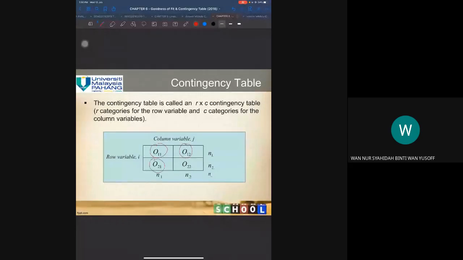So in the two-way ANOVA, the number of the data between, wait, 5 minutes.